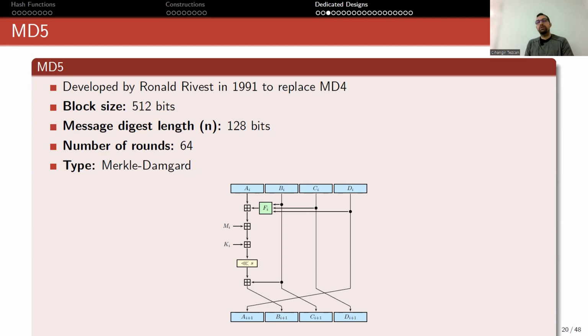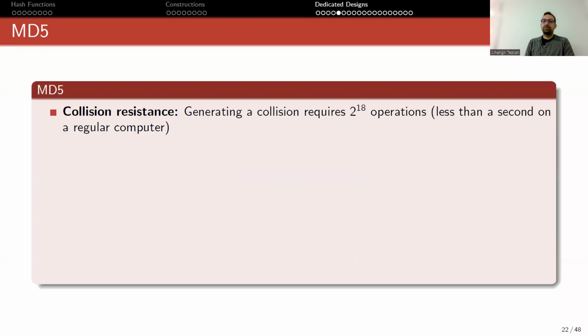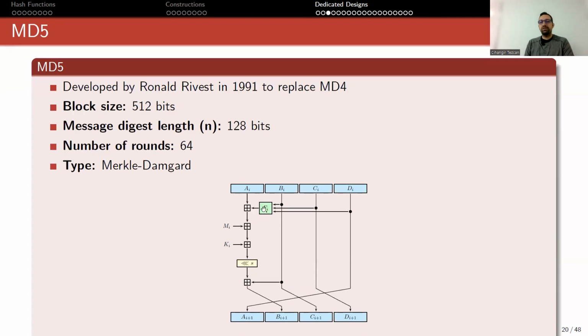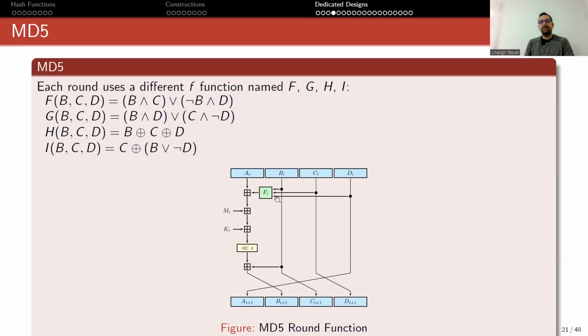Now we cannot find a collision in microseconds, but actually we can do it in less than 2^18 operations. So here as Fi, I haven't mentioned what they are. Since this is now 64 rounds, at each 16 rounds, you use either F, G, H, or I. As you can see, it takes 3 inputs as B, C, D words.